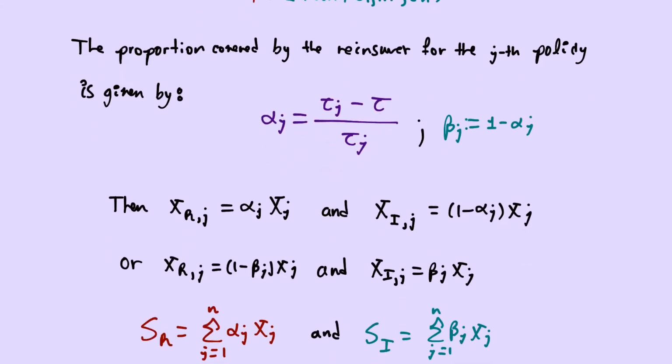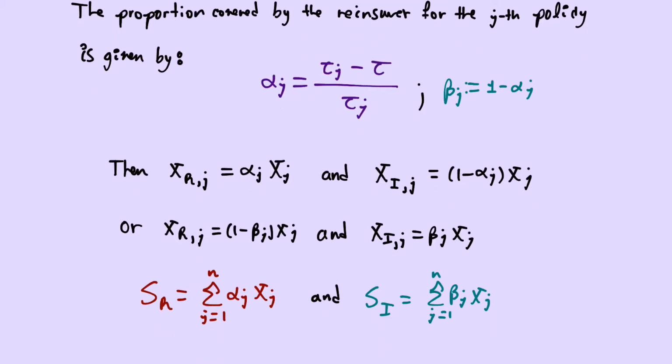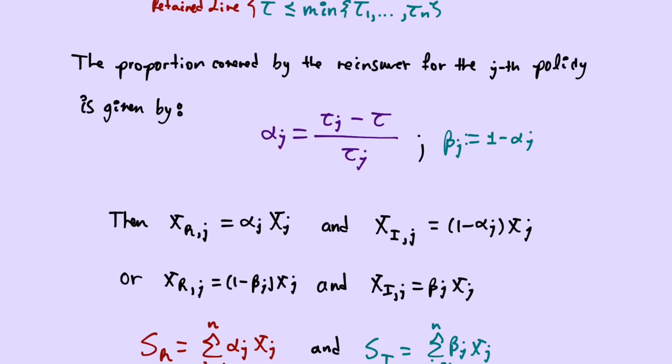But in general, when you use the individual risk model, you have a lot of types of insurance that you are using. And what does this proportion represent? This represents the proportion covered by the reinsurance company, not by the insured, sorry.